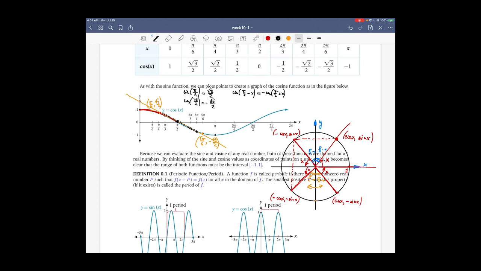And so that means that if you are x radians short of pi, or x radians above pi, the cosine value is the same. In other words, the graph of cosine x will be symmetric about the vertical line x equals pi.